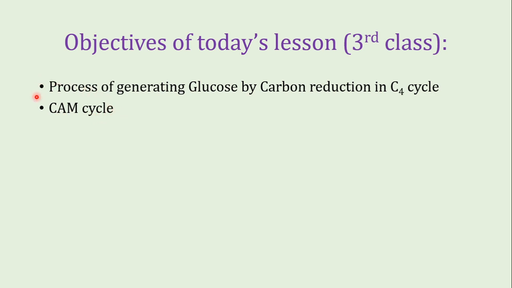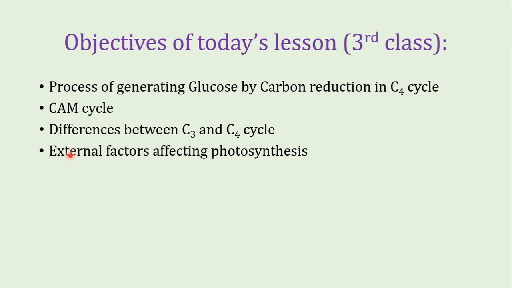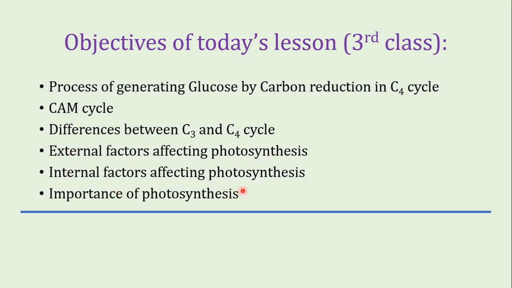Inshallah, we will learn about these two processes. We will understand the differences between the C3 cycle and C4 cycle, the external and internal factors that affect photosynthesis, and the importance of the photosynthesis reaction.